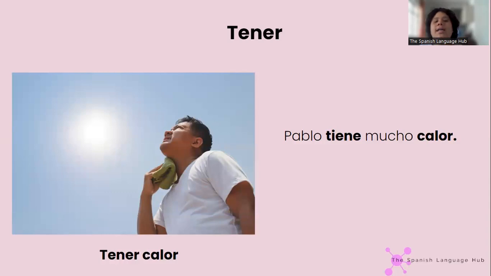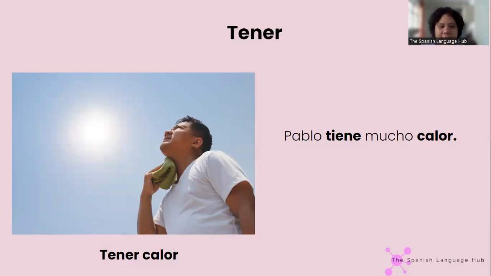Now, tener is such an important verb because we create many expressions with tener that don't translate as have in English. For example, tener calor. Pablo tiene mucho calor. This talks about, like I mentioned earlier, physical sensations, things that you feel in your body. So Pablo is very hot.